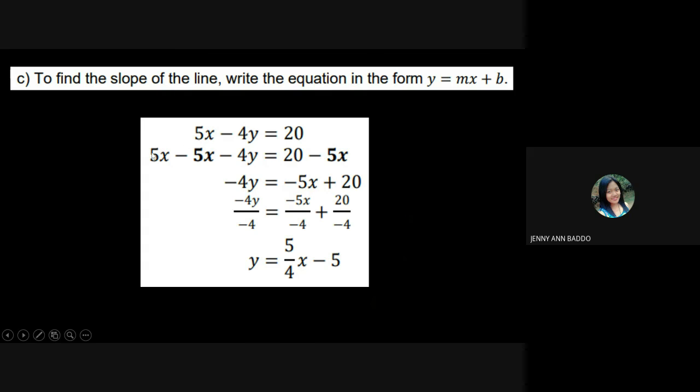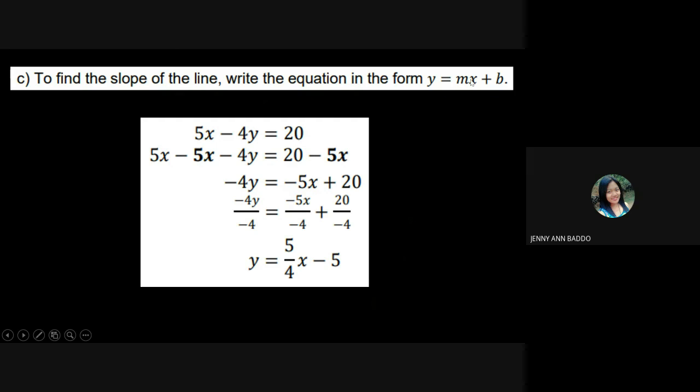To transfer 5x to the right side of the equation, we will add negative 5x, or subtract 5x, to both sides of the equation. So 5x minus 5x will be cancelled. On the left side of the equation, we only have negative 4y. Then at the right side, we have 20 minus 5x.